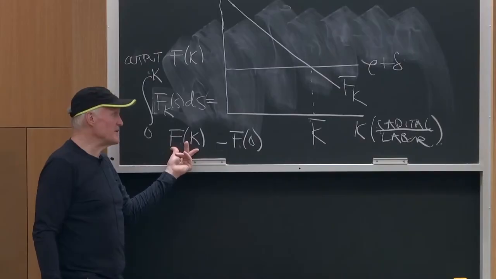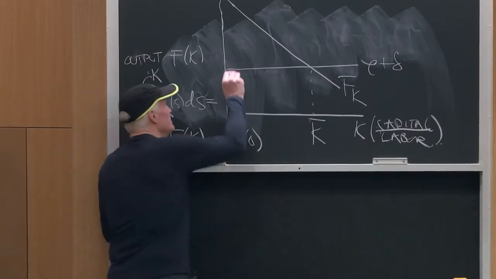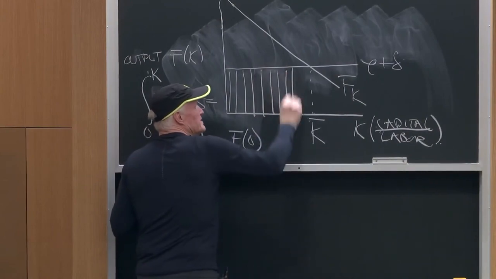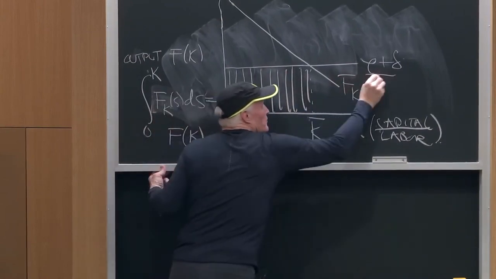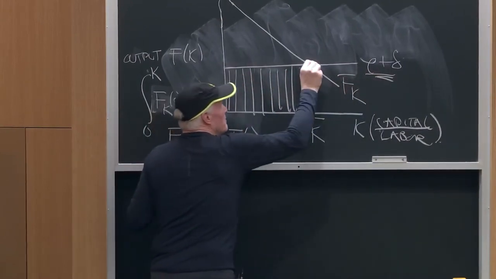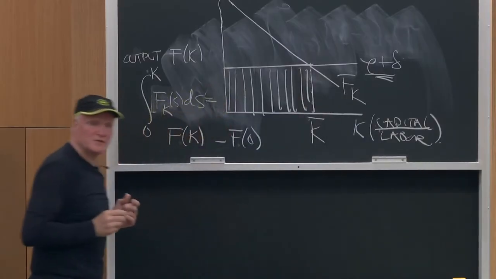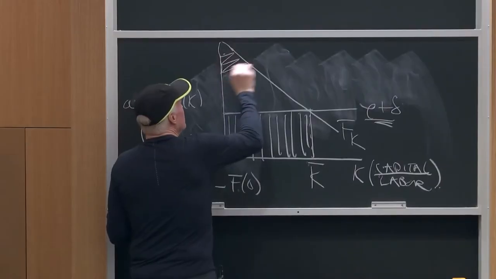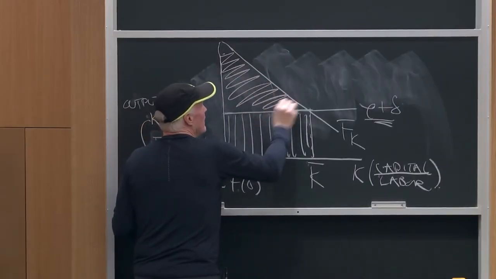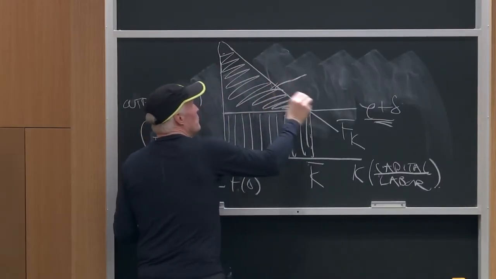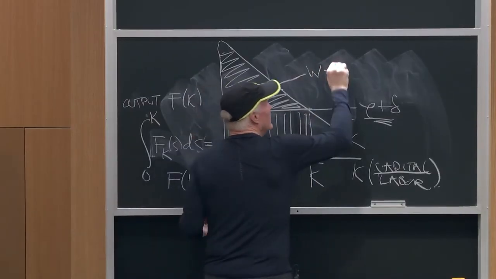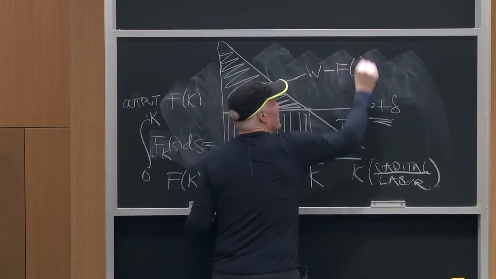Since there's constant returns to scale, remember this is the amount that's being paid to capital, right? Because this is the rental price of capital times the amount of capital. That's the amount that's being paid to capital. So this area here is equal to the wage minus f of 0.